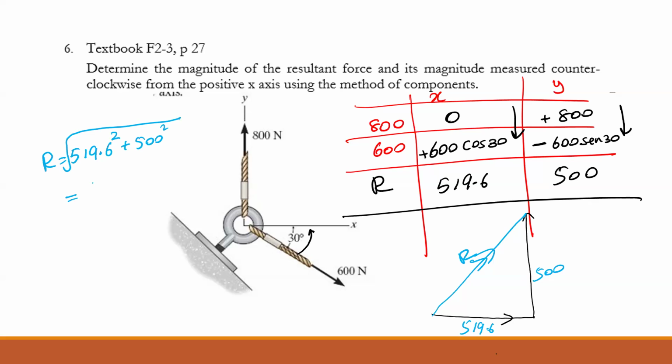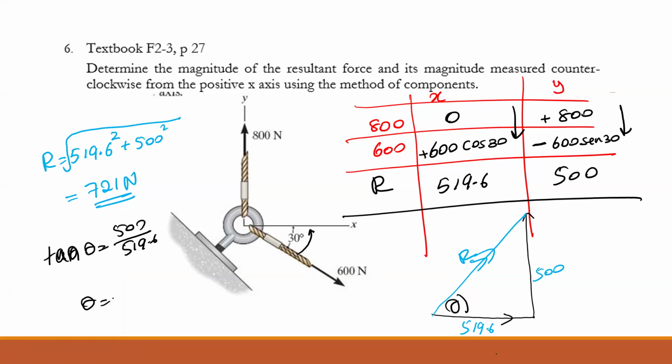It's 721. You get the same. I can find the tan theta: 500 over 519.6. Theta is tan inverse of this.